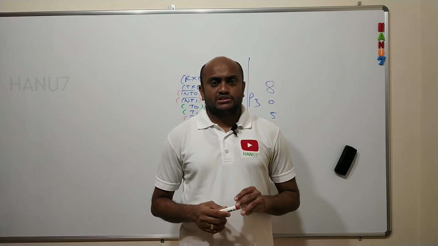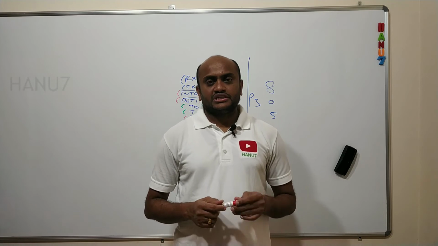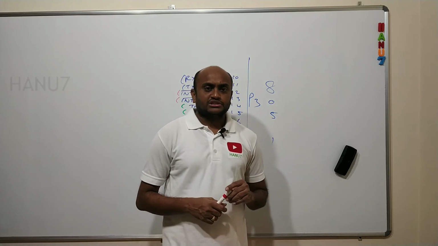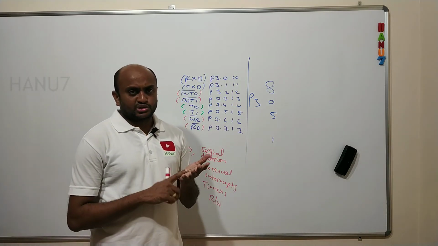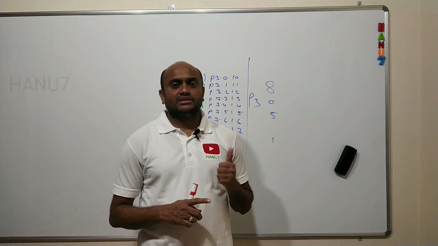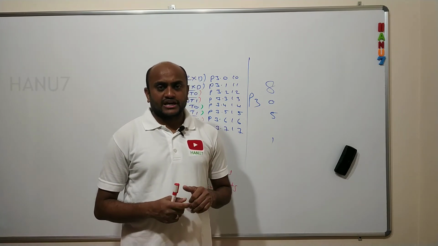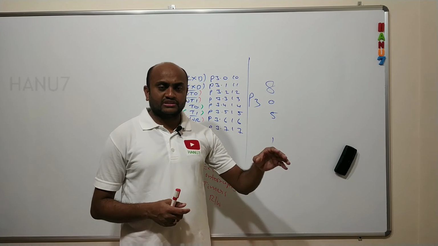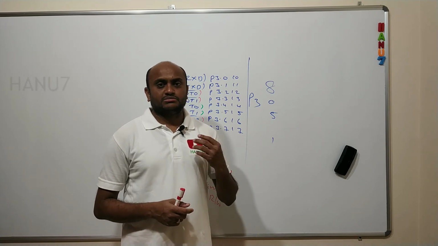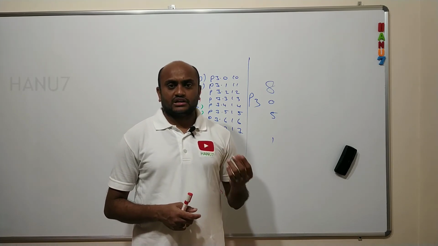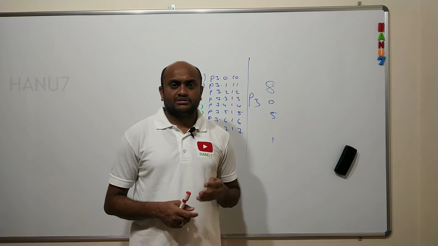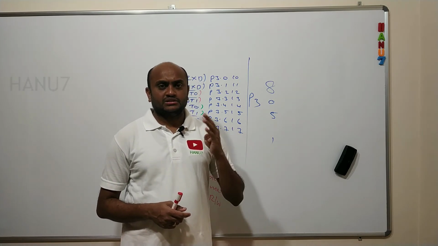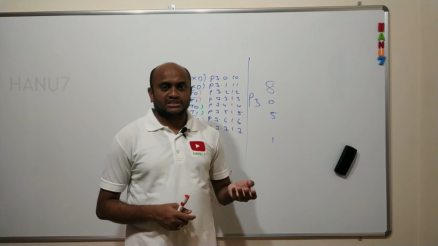Why port 3 is called a special port of 8051 is this: if you look at port 0, it can work like input-output, or it will work like address and data lines. I cannot configure some of the pins for I/O operations and some of the pins for address and data lines. For example, I cannot make 4 pins I/O pins and 4 pins for address and data.